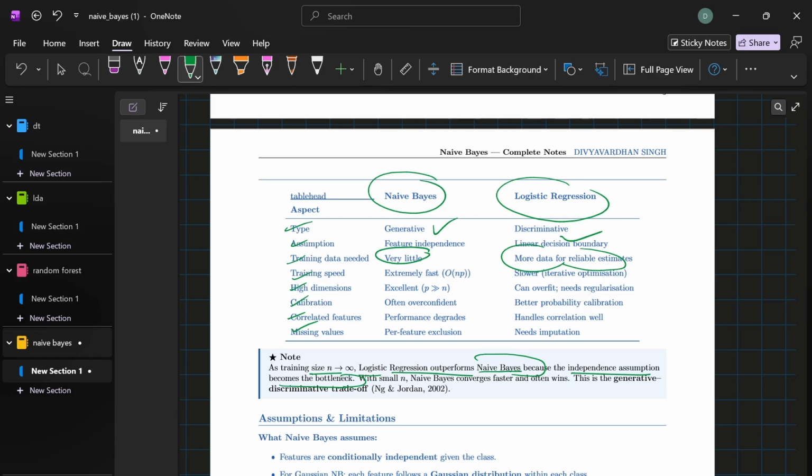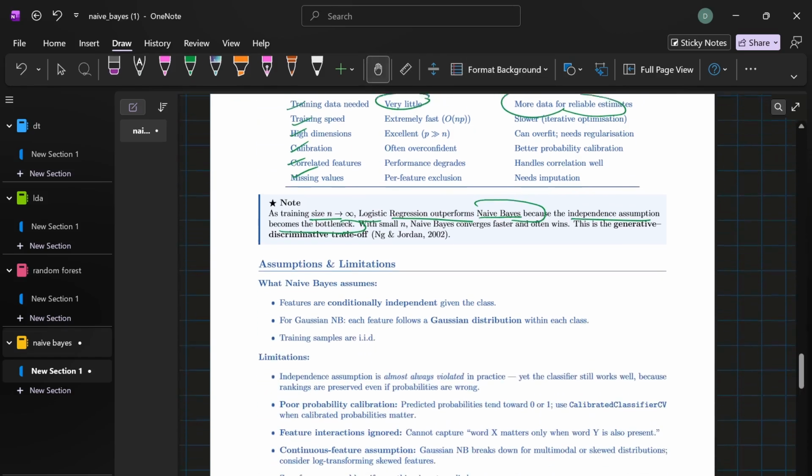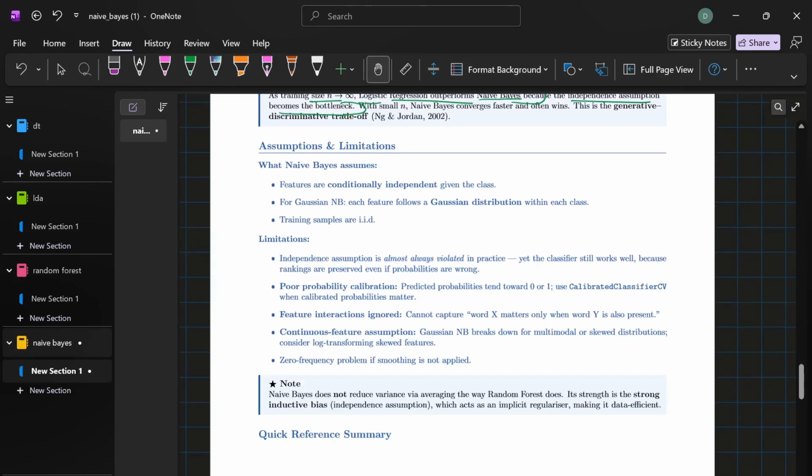Okay, so we have covered some points about naive Bayes, and let's move forward to the limitations that you must know. The independence assumption is violated in every real dataset, yet the classifier still works because correct ranking of the class probabilities is sufficient for classification, even if the absolute probabilities are wrong.